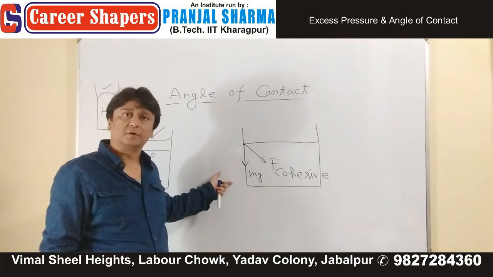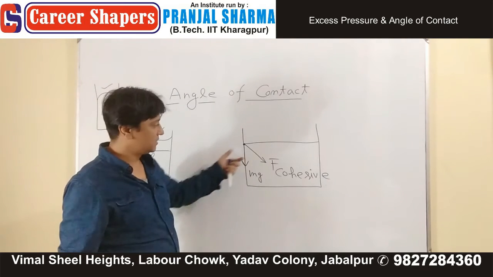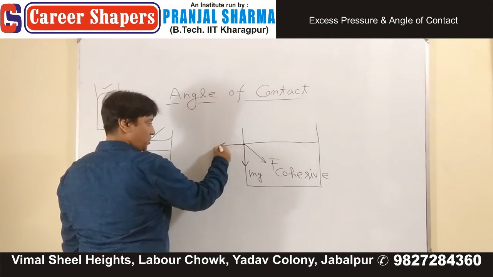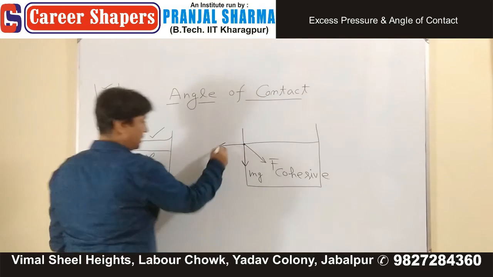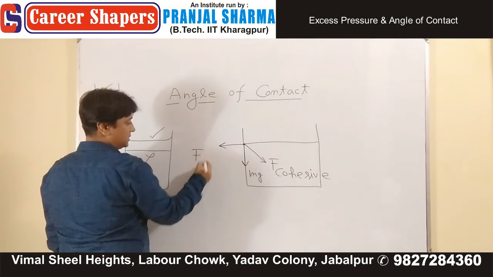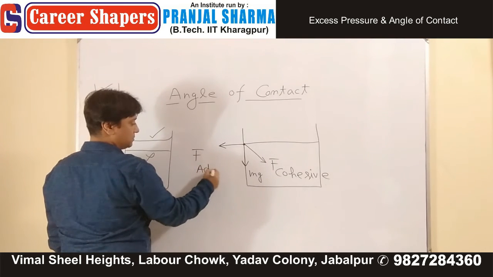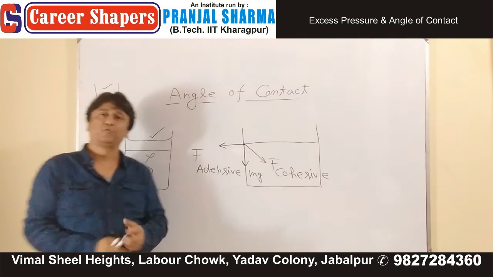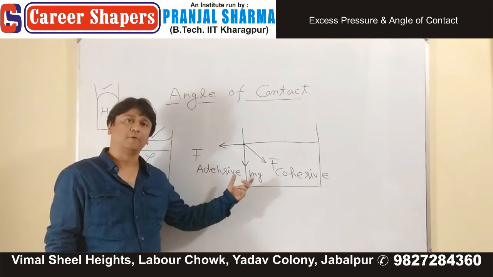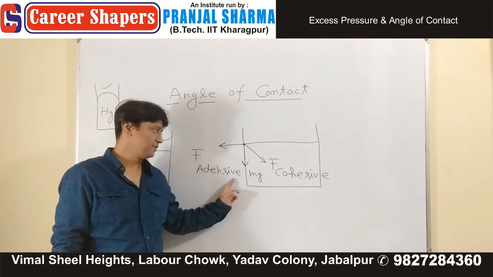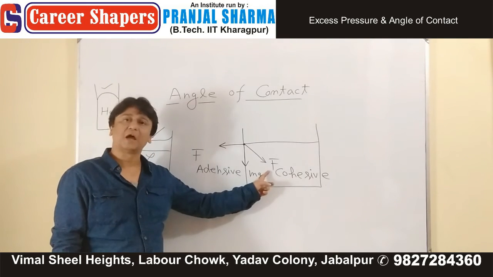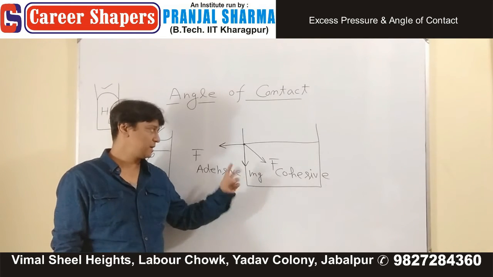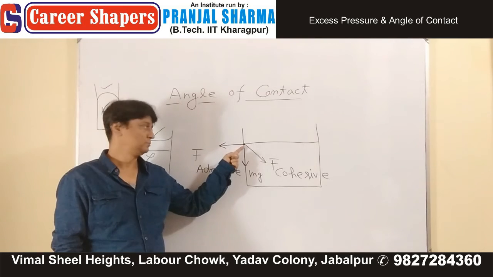Walls of the beaker or the container inside which the liquid is, is pulling this molecule towards itself, and this force is called adhesive force. Force between different types of molecules is what adhesive force. Force between same type of molecules is what cohesive. These are the three forces which are acting in this region.